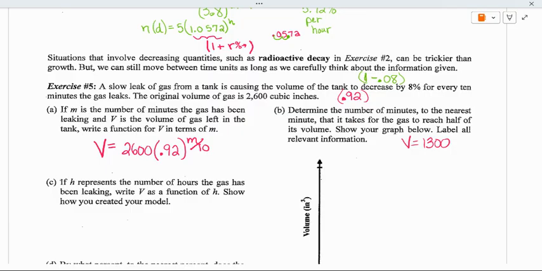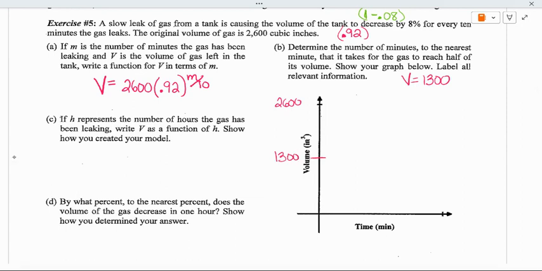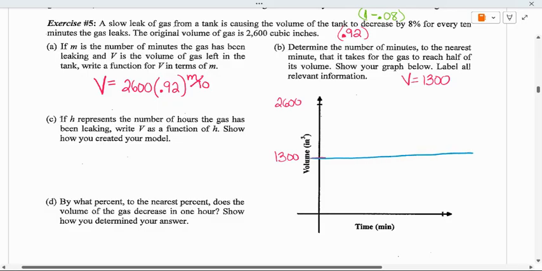So I'm going to draw us a graph here. We know that it began at 2,600. I'm going to go halfway in between, and I'm going to put 1,300. And I'm going to draw a horizontal line at 1,300. This is just the line y equals 1,300.